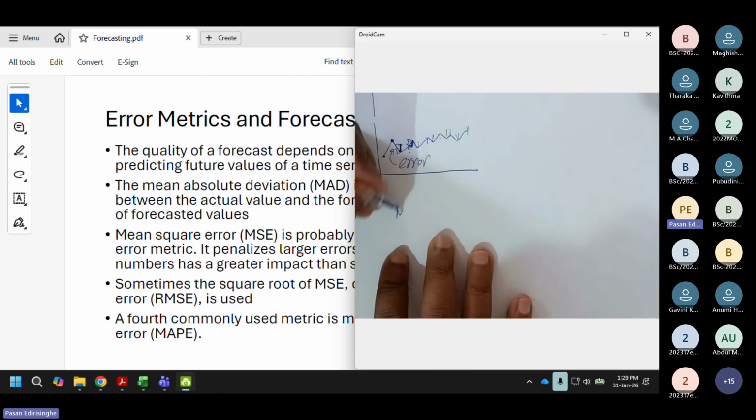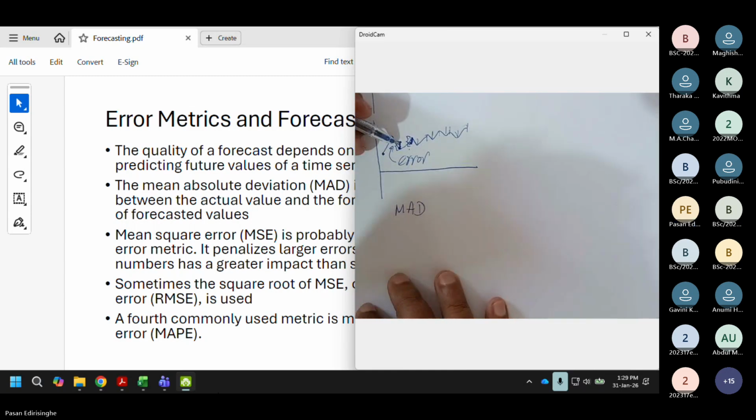So we can define the mean absolute deviation, right? If you look at these deviations, this is a positive deviation and this is a negative deviation, and so on. Some of them might be positive deviations and some of them might be negative deviations.